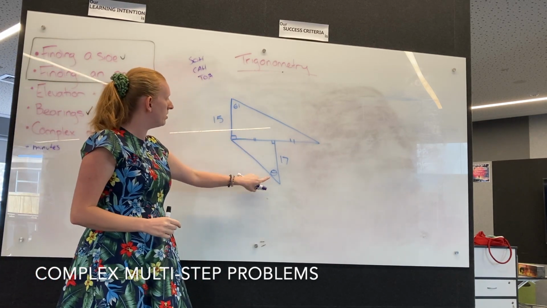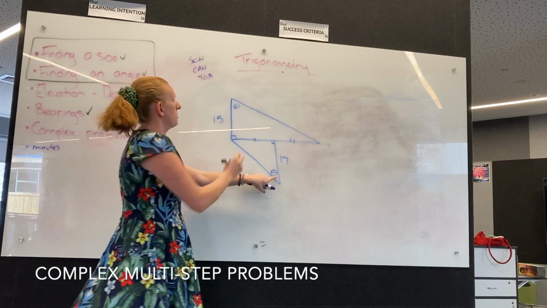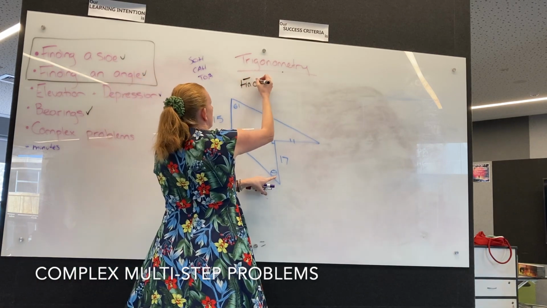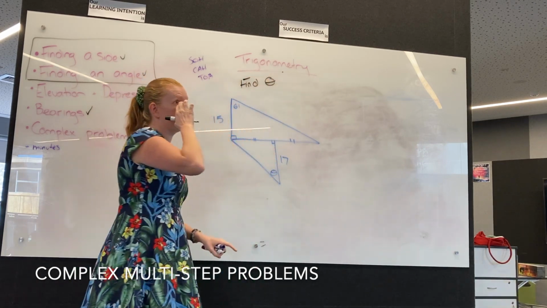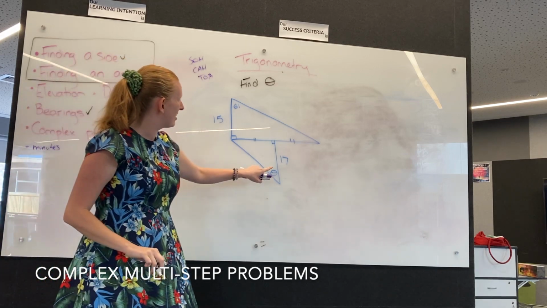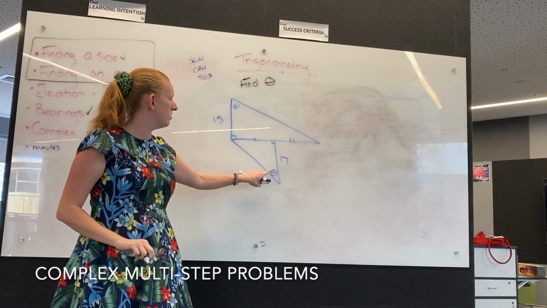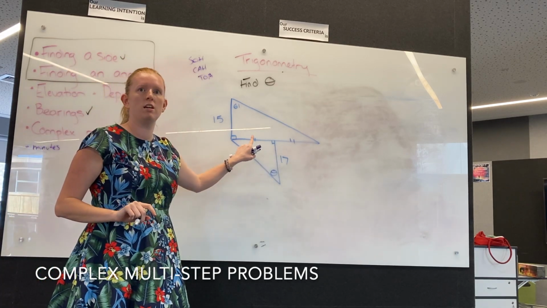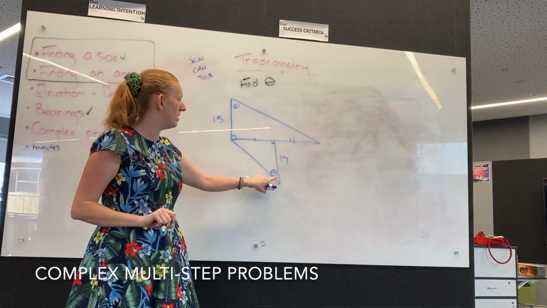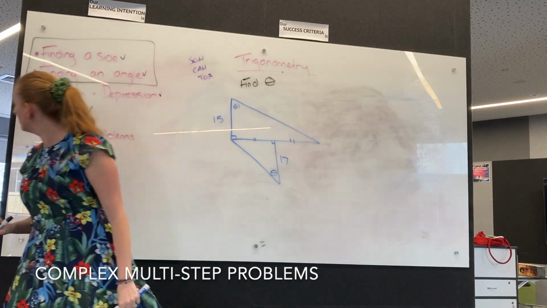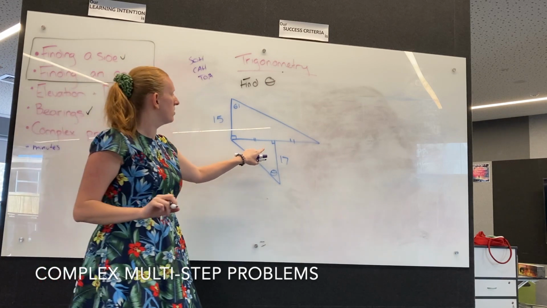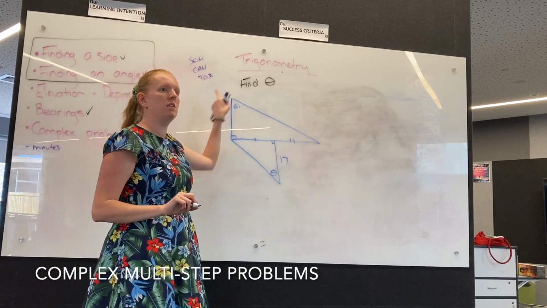So I'm trying to find this. My question says, find the value of theta. Now I can't do that yet because I don't have 2 pieces of information in my triangle to be able to find theta. So first I need to do something with this triangle up here.